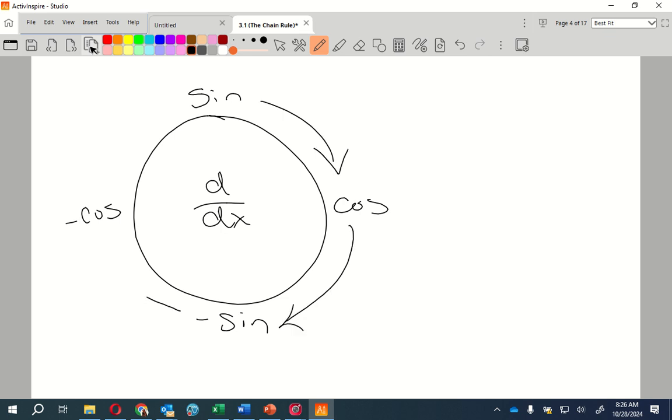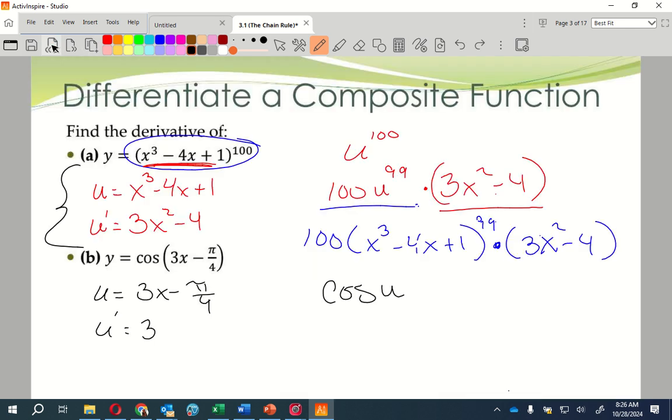This is the circle for derivatives of these. Okay? So derivative of cosine is negative sine. So we get negative sine of u, right? Times three.